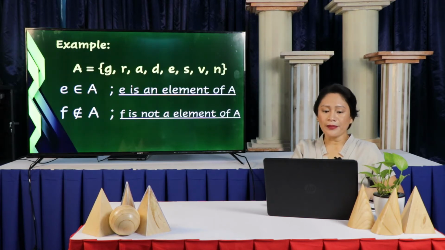Let us have an example. Set A has elements G, R, A, D, E, S, V, and N. I repeat, set A has elements G, R, A, D, E, S, V, and N. Now, small letter e is an element of A because it is in the set.